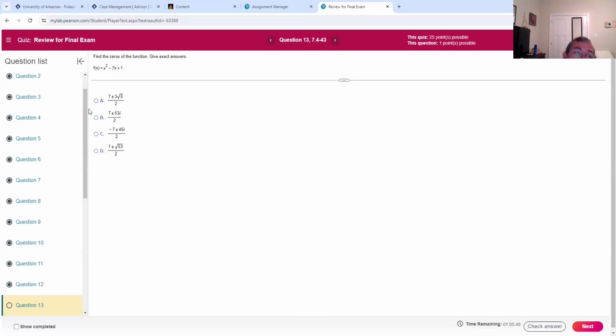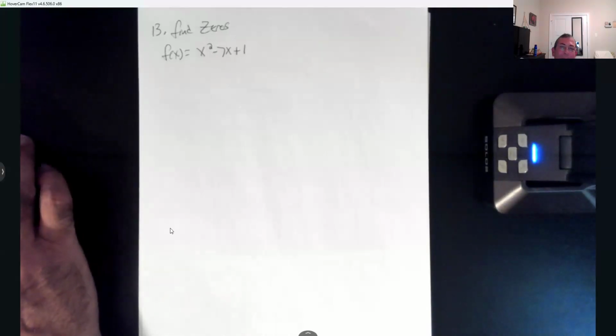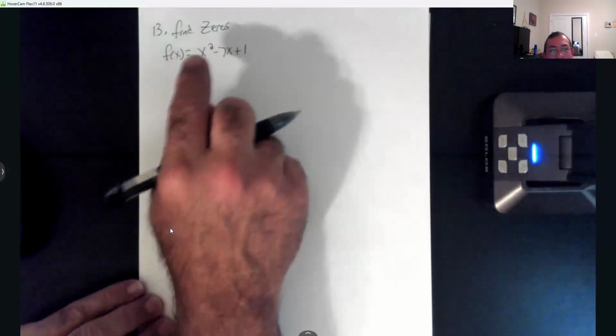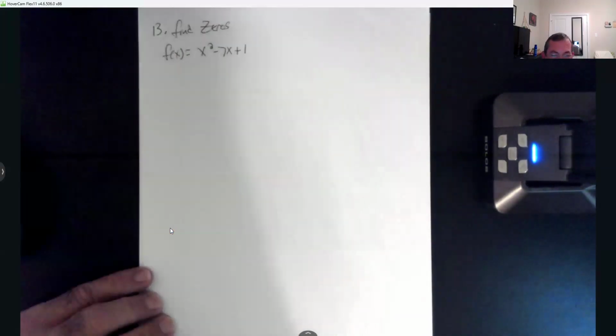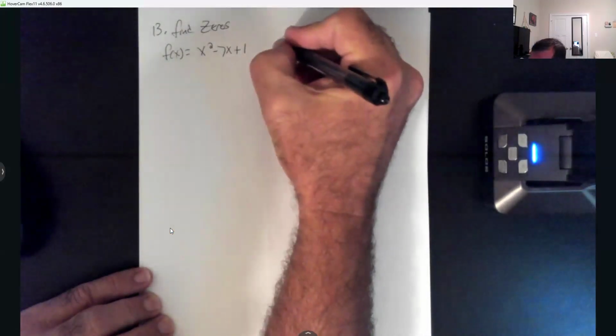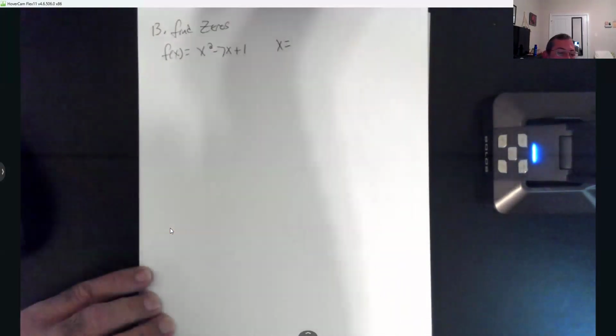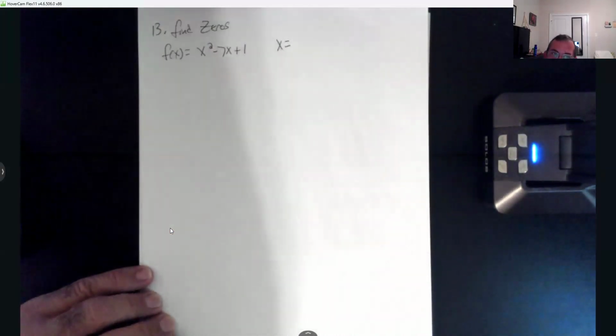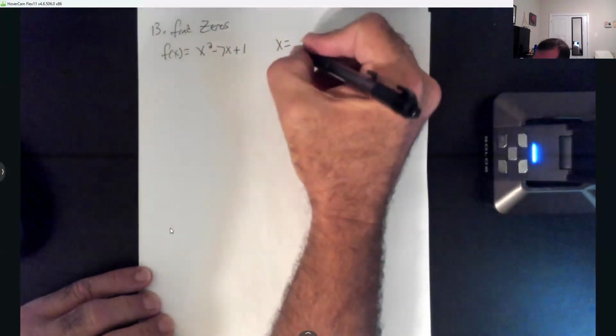Because factoring does not give you answers like that. So I can't do square roots because it's got that x term in it. So y'all, I've only got one choice. How can I find the zeros of this? Well, we have a friend over here we called the quadratic formula, remember?